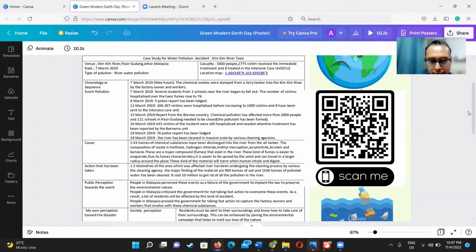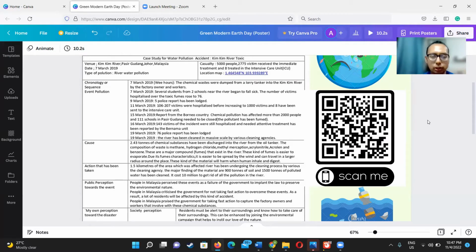207 victims were hospitalized before increasing to 1,000 victims, and 8 were sent to the intensive care units. On 15 March 2019, the chemical pollution had affected more than 2,000 people, and 111 schools in Pasir Gudang were closed.